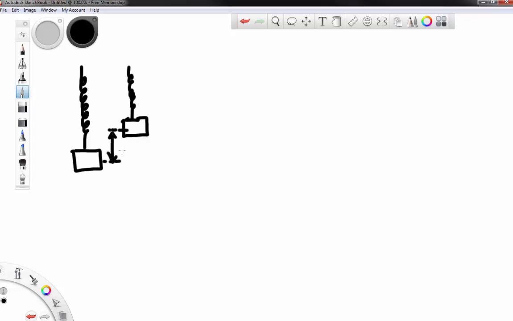Okay, so let me just draw a couple of springs. Here is a spring that's at equilibrium. Here is a spring that's been compressed somewhat, and this distance that it's been compressed by we'll label as delta x.